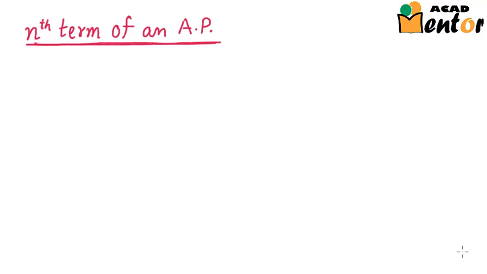Hi friends, in this video we'll talk about the nth term of an AP. If you remember, in the last video we discussed what an AP is, and what the general form of an AP is.